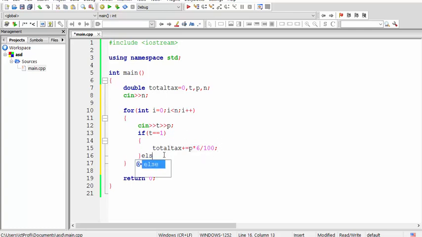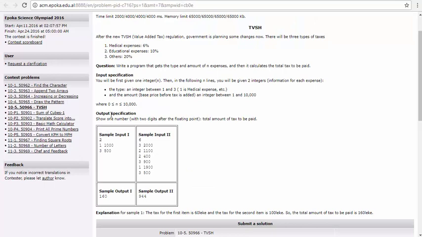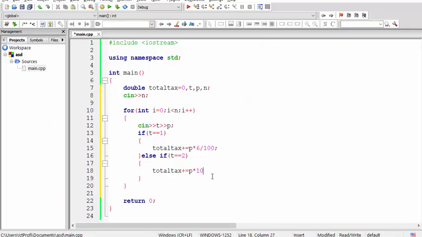I'm going to continue with else if T equals 2, which stands for educational products. This time I'm going to write again total plus the price times, it was 20%, I think. No, it's 10.